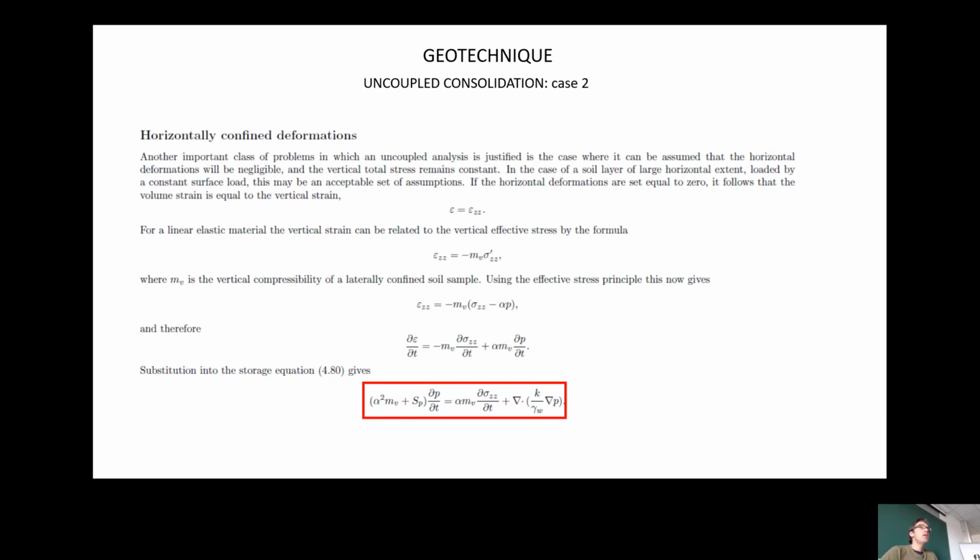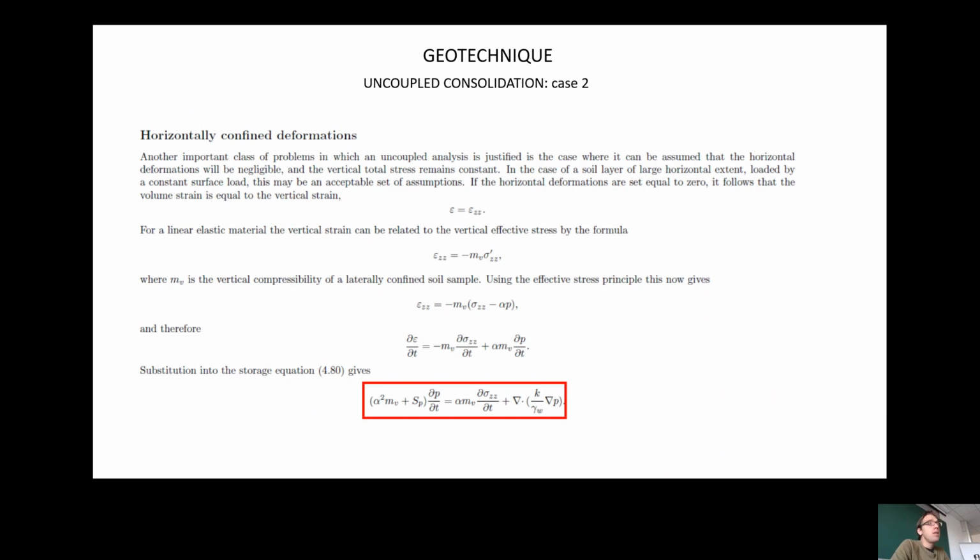So if we have horizontal deformations that are not really big, but we have only vertical total stresses, we can, in effect, consider that the deformations are horizontally confined.